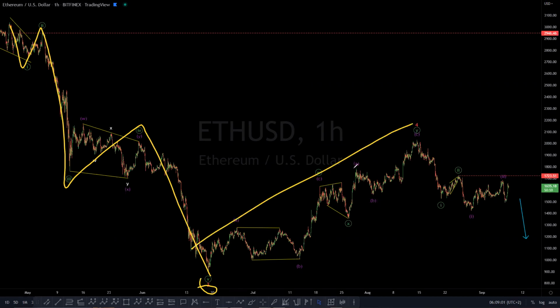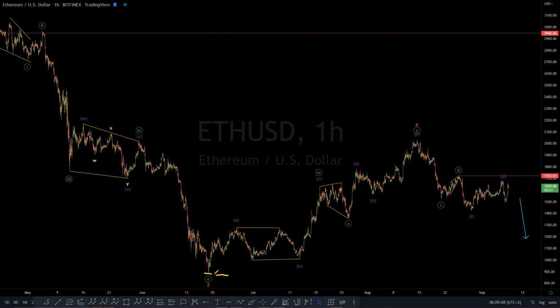Now, after 3, we have to have 4, which we did, and after 4, we would expect 5. And 5 would typically come and break below, in this case, the lows of red wave 3, right? So down from the peak of 4 there, we have a sequence to the downside.